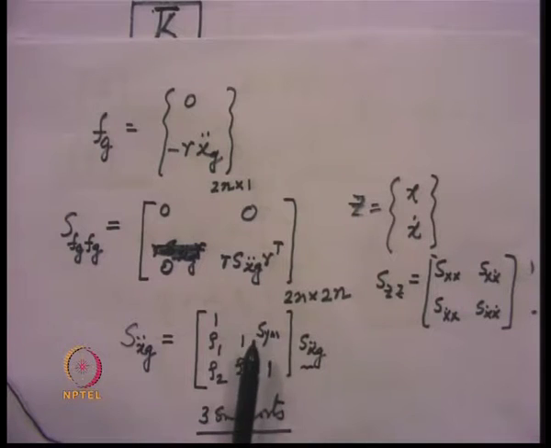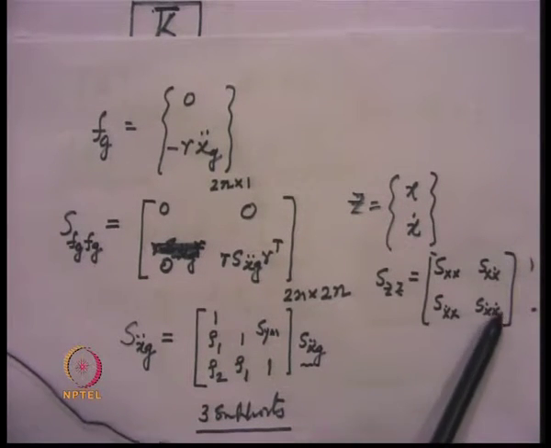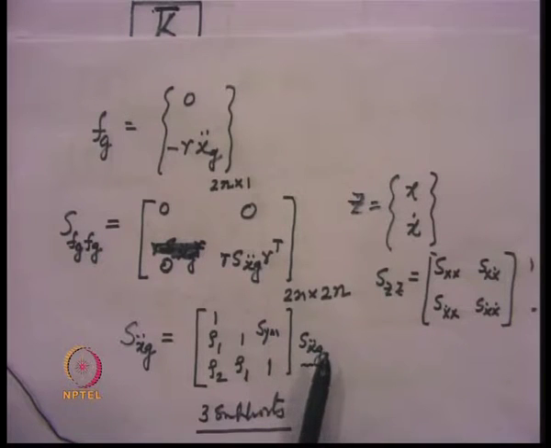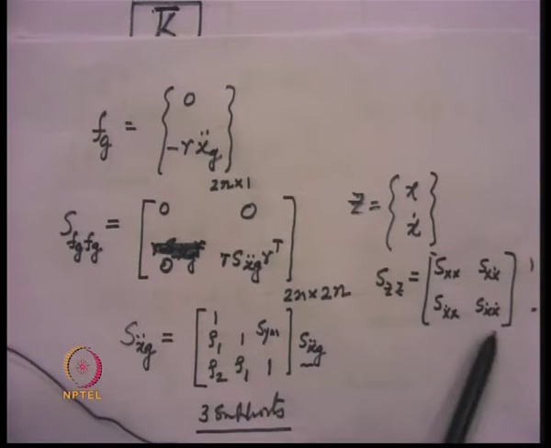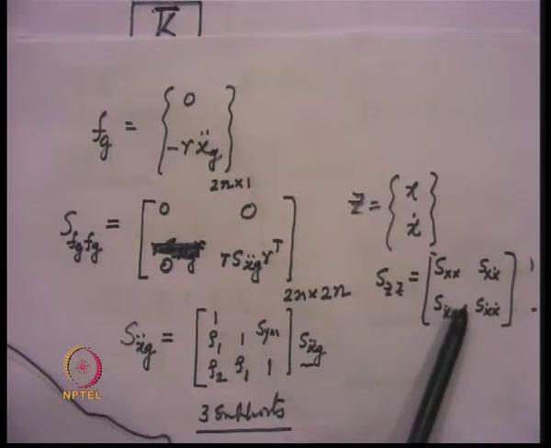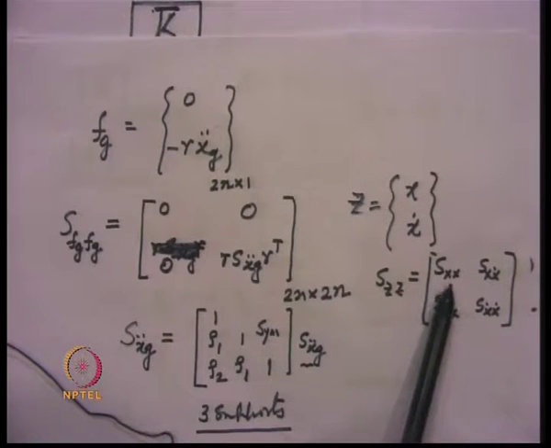Therefore, the Szz matrix will be of 2n by 2n size, with each of these blocks n by n size. So, we can choose the appropriate terms from this matrix to obtain the power spectral density function of any response quantity in the structural coordinate, that is x.